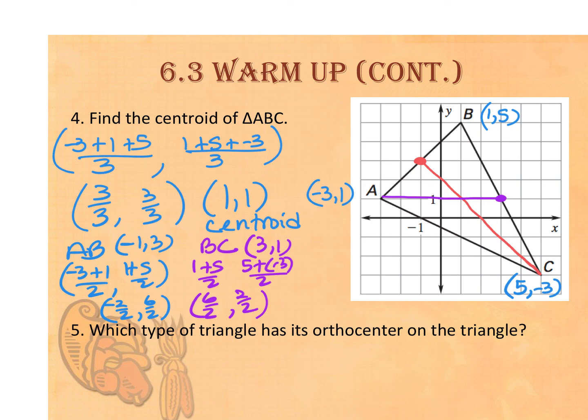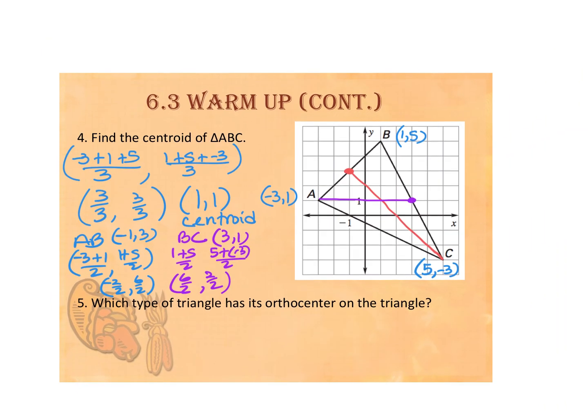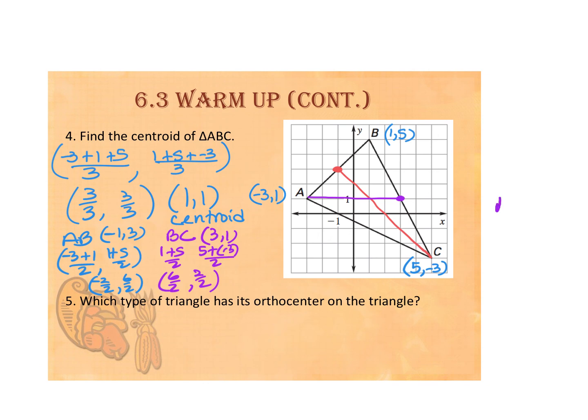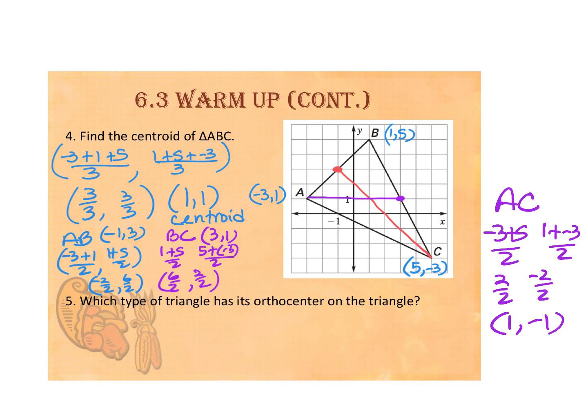Last midpoint is AC. Let me come over here to the side. So again, -3 plus 5 divide by 2, 1 plus -3 divide by 2, 2 over 2, -2 over 2, 1 comma -1 is the midpoint over here.